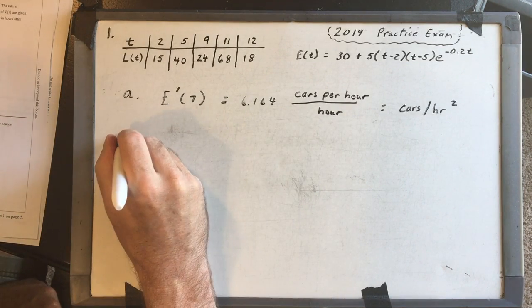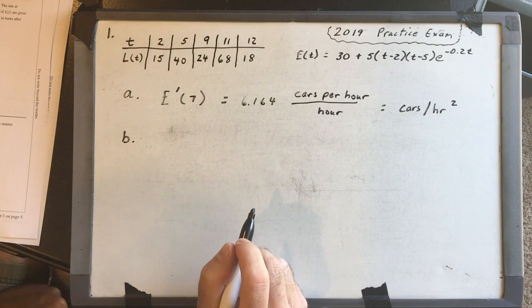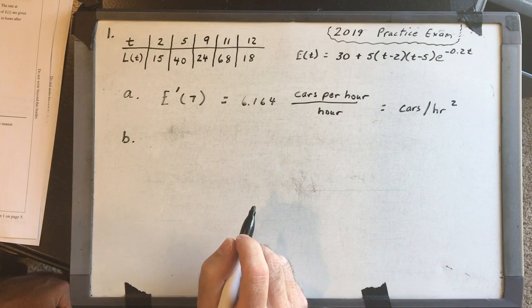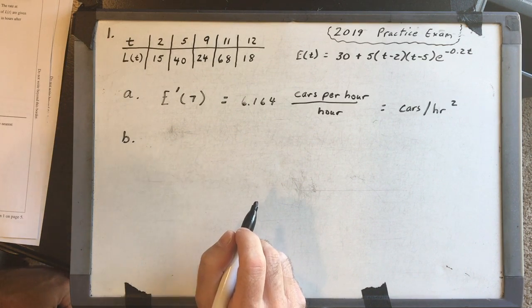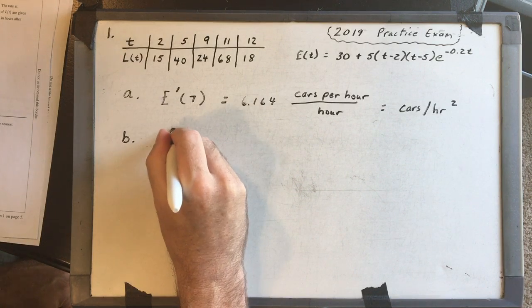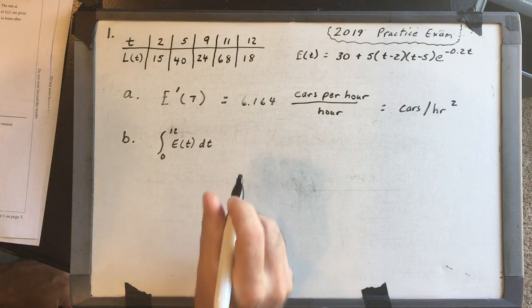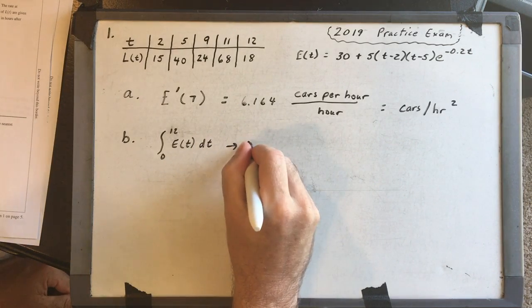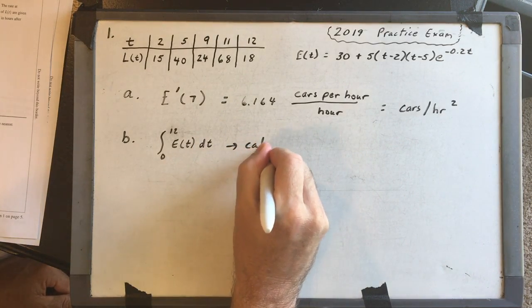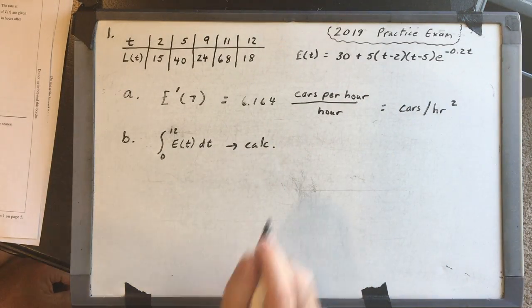All right, let's take a look at part B. Now, part B would not be on there. It's too bad because it's easy. It says how many cars enter the parking lot from time t equals 0 to t equals 12, and you would just integrate from 0 to 12 of E(t) dt, and that would be just a calculator problem. So you would have to plug all this into your calculator, but the calculator would do all the work.